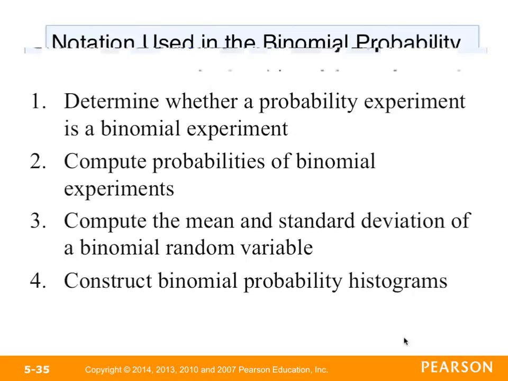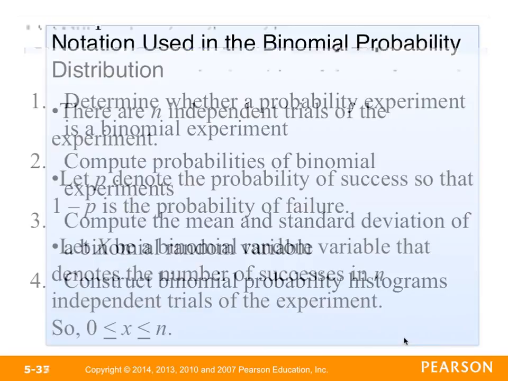Successes and failures have to equal 1 because those are your two outcomes. X is going to be the binomial random variable that denotes the number of successes in the n independent trials. So X is the number of successes, n is the number of trials. So X has to be somewhere between 0 and n.